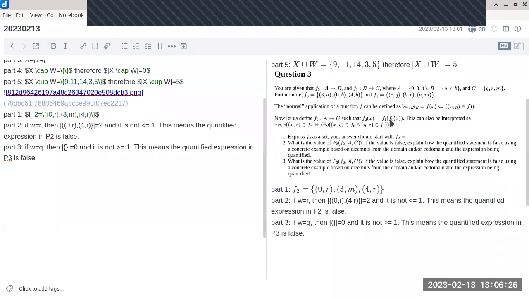Then we take that and use F1 to map it to C as our codomain. Is that helpful? Sort of. Let me ask you, are you familiar with the compound function notation? G applied to f of x can also be seen as g composed with f applied to x. It's the same thing. So we are looking at a nested application of functions.